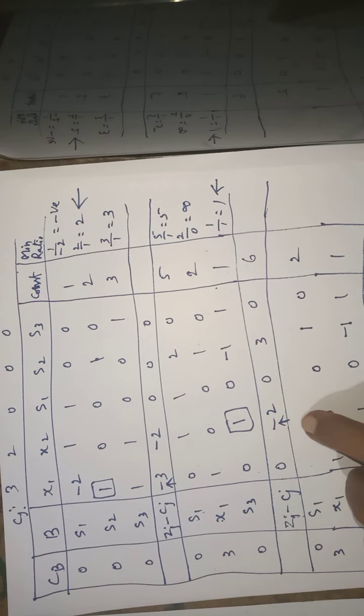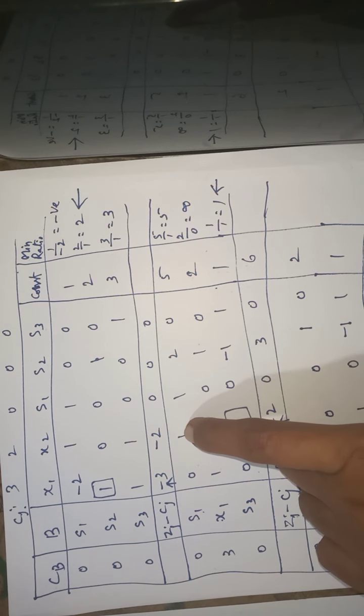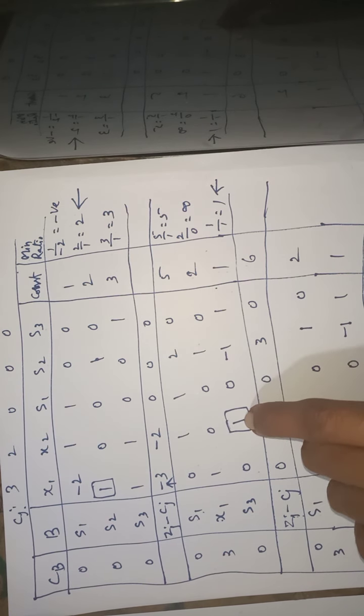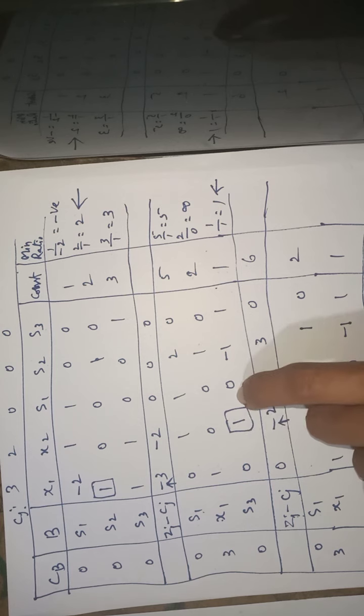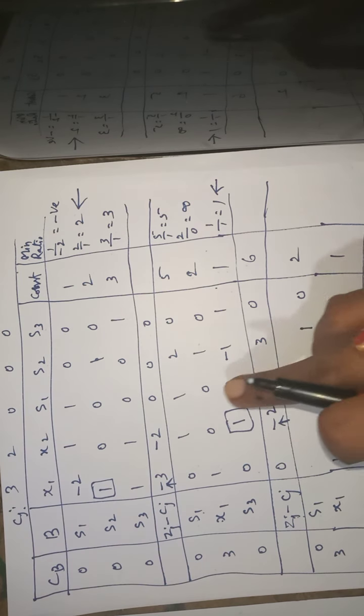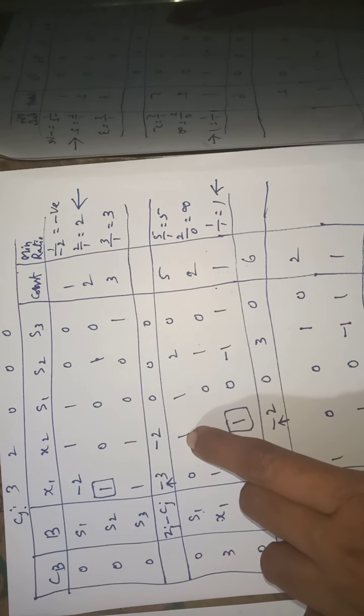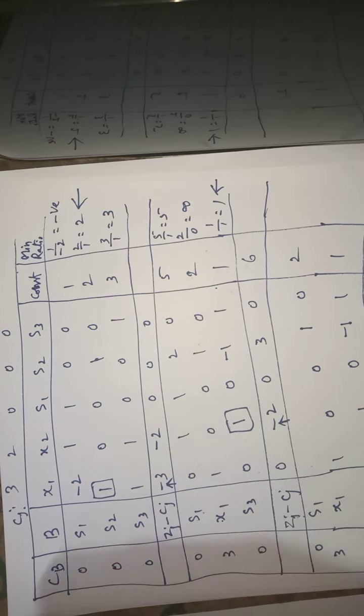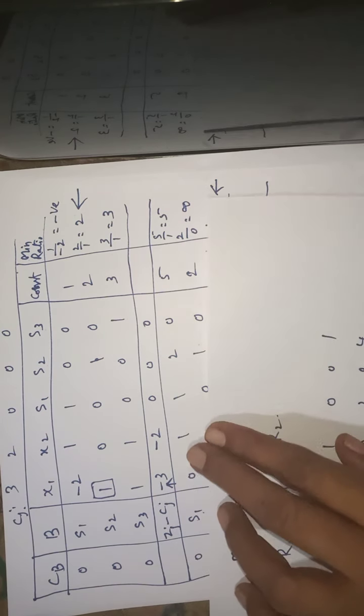Now I have to convert this element into 0 with the help of the pivot element row, the third row, by doing a suitable elementary row operation.